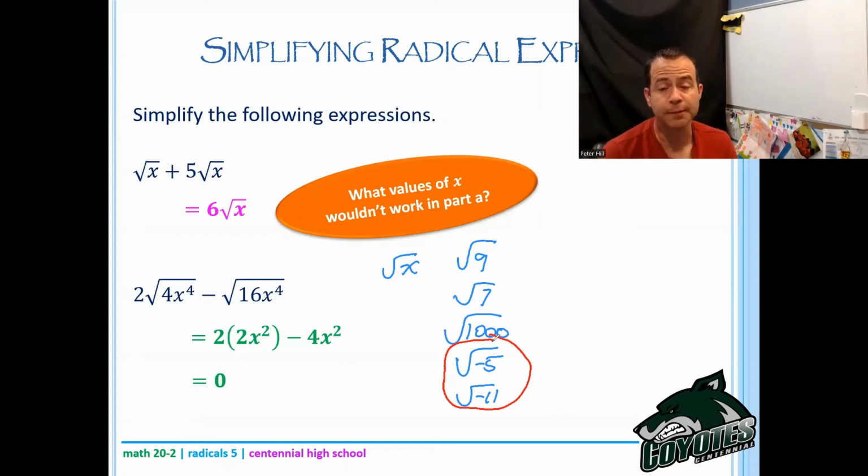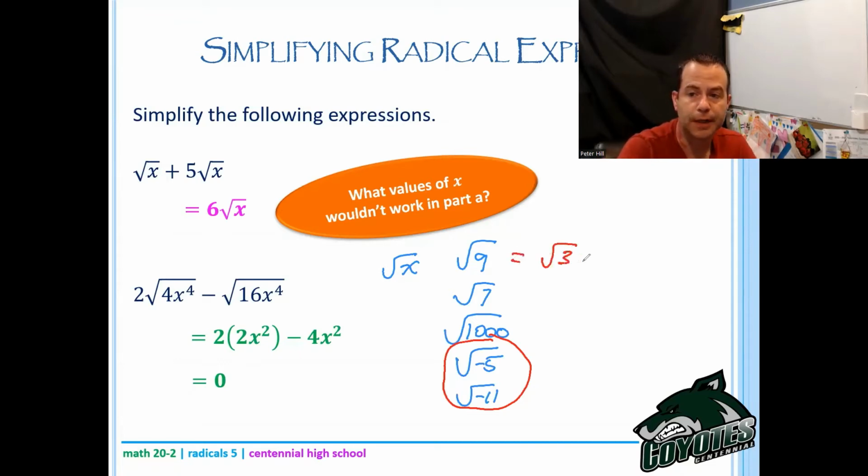Can you pause me for a sec and put the root of -5 in your calculator? What I want you to notice is you're getting an error. You can't take the square root of a negative number. Now, why can't you? Well, the root of 9 is the root of 3 times the root of 3, right? It's a number multiplied by itself.